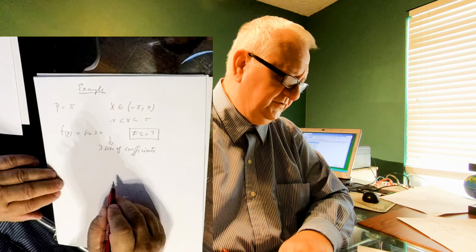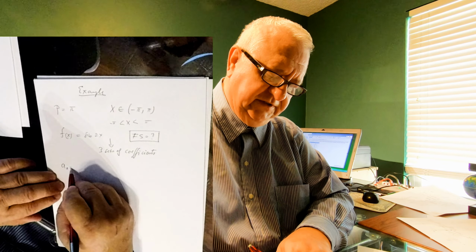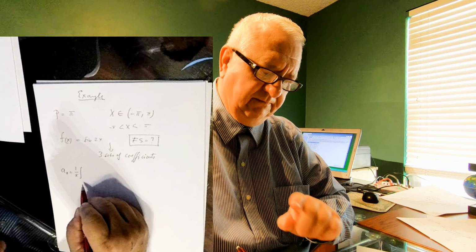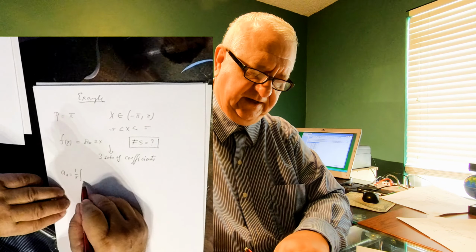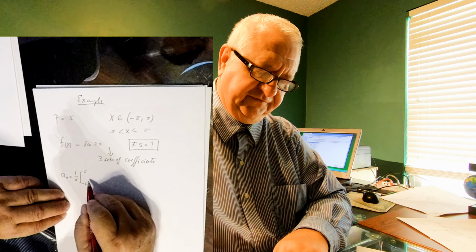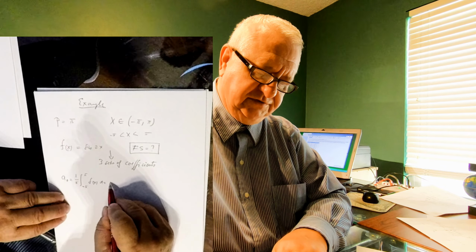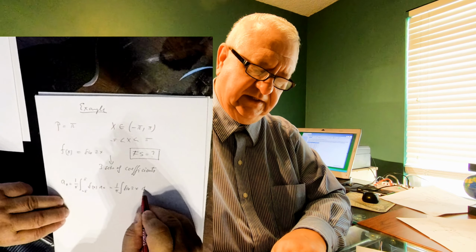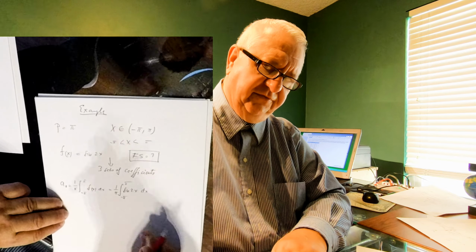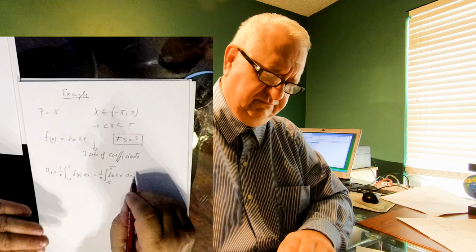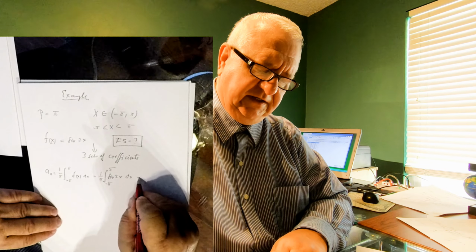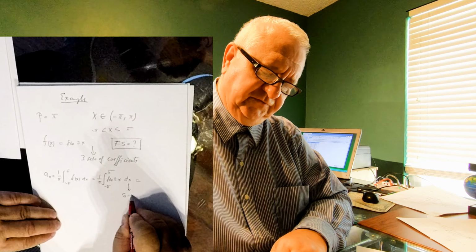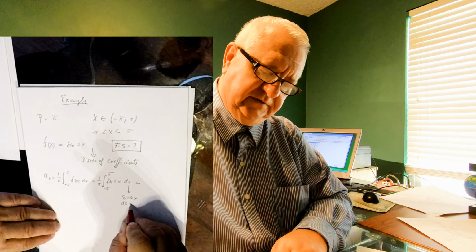The Fourier series coefficient a naught, by definition, is 1 over p, that's 1 over pi, integral from minus p to p, that's minus pi to pi, of f of x dx, which means 1 over pi integral of sine of 2x dx from minus pi to pi. This integral I'm going to solve really step by step, so I'm going to make a substitution. s is 2x, so ds is 2dx.